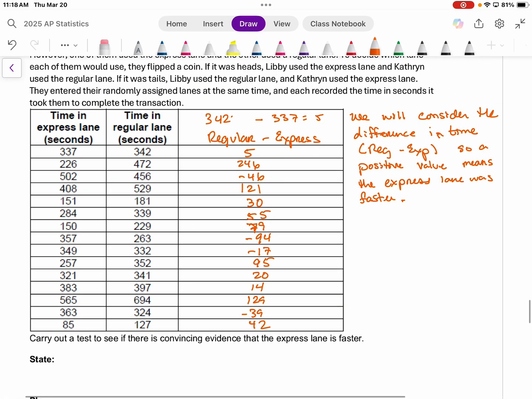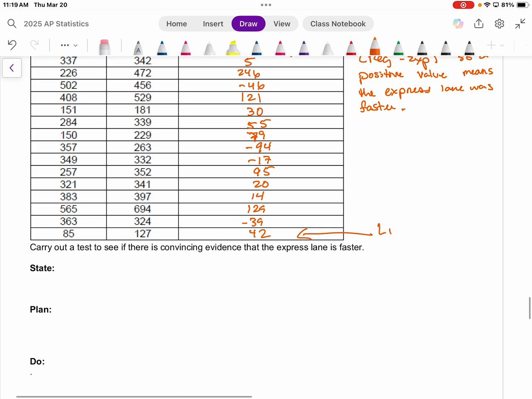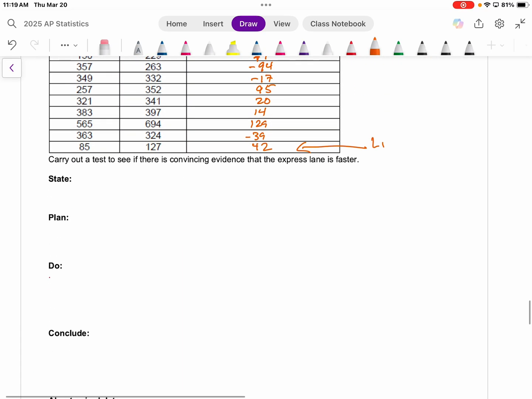Now, all we want to do is put just these orange numbers into L1. As we look at our statement here, we will test the hypothesis. Notice how I left this one totally blank, with nothing pre-filled in for you.